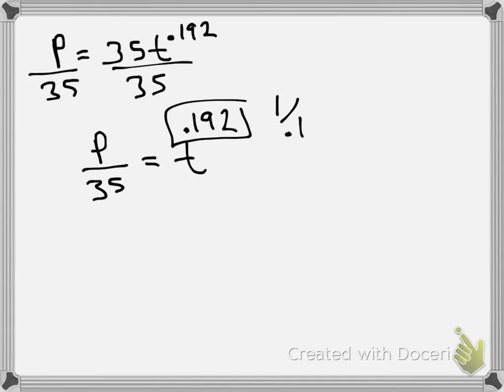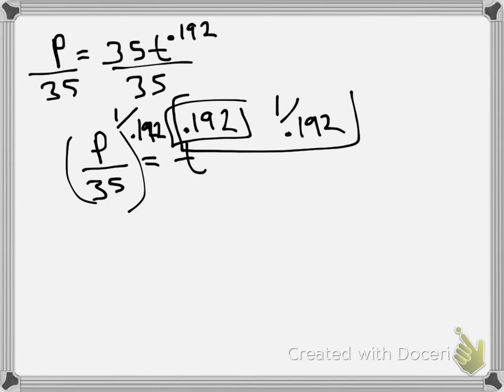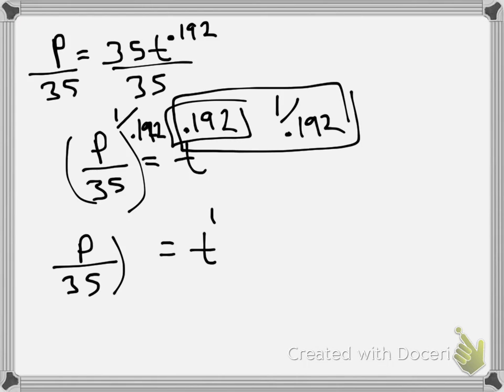So raise both sides to the 1 over 0.192. And if you notice, 0.192 times 1 over 0.192 is just going to be 1. So this will leave you with t to the 1 is equal to P over 35 to the 1 over 0.192 power.